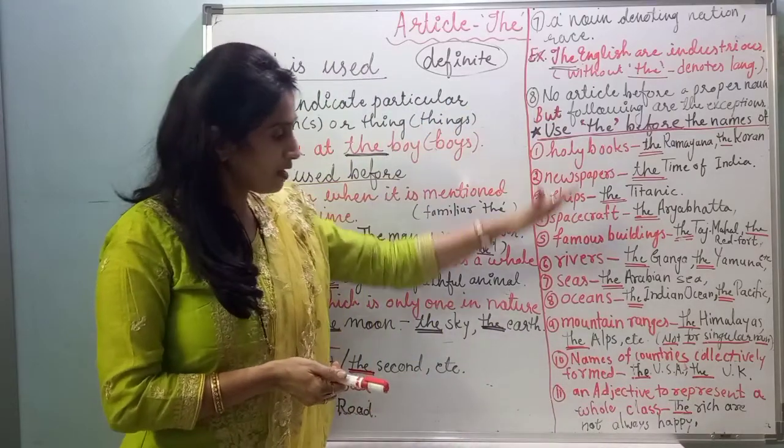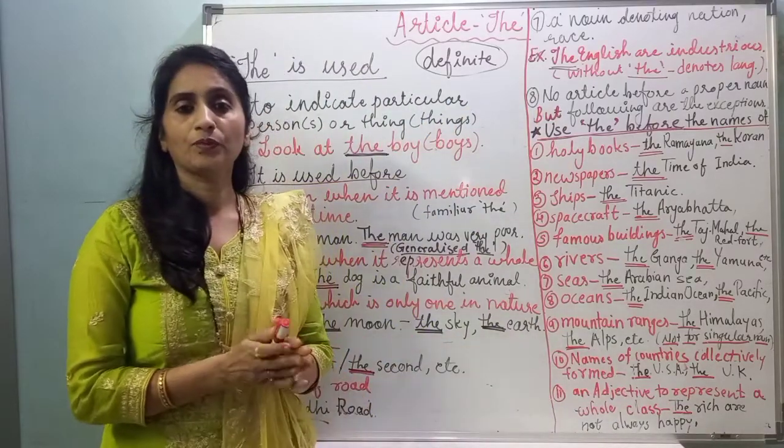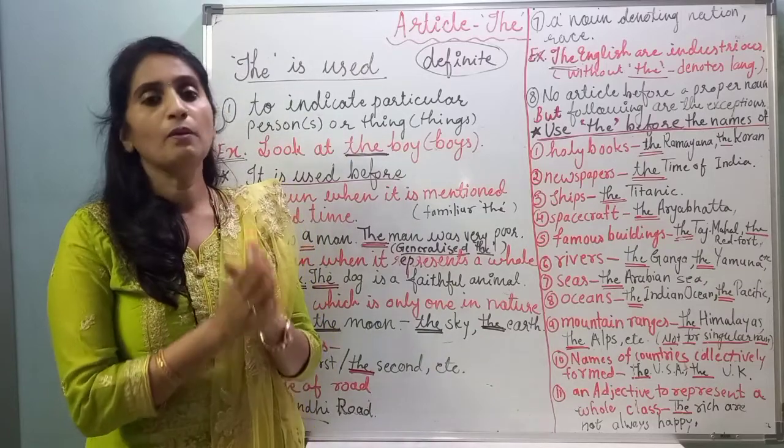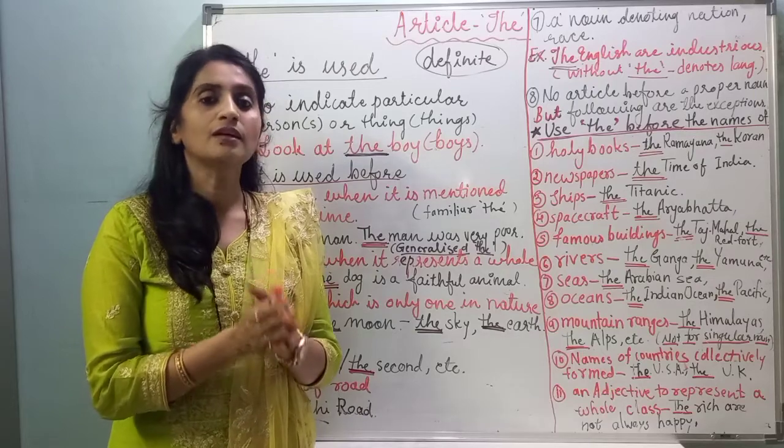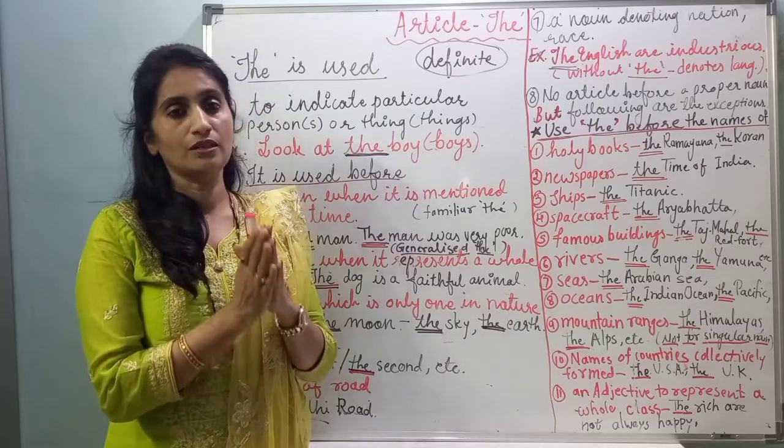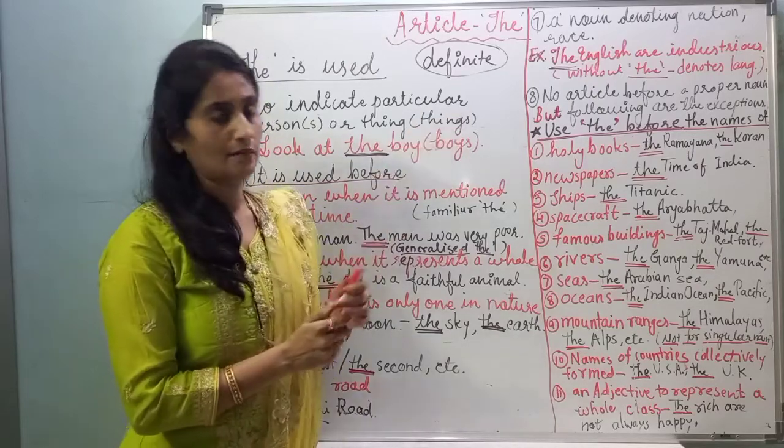So these are the things, or you can say the nouns, before which we should make use of the article the, the definite article the. Let us see the examples.